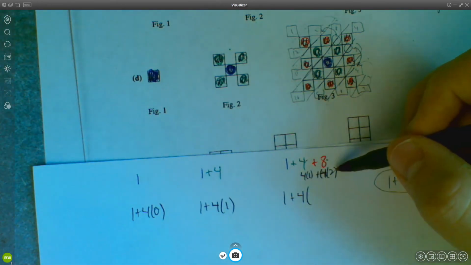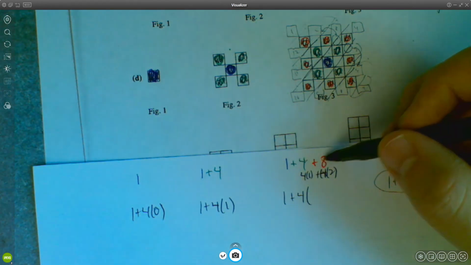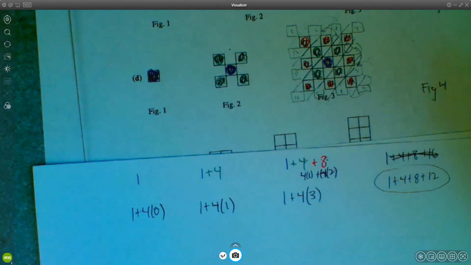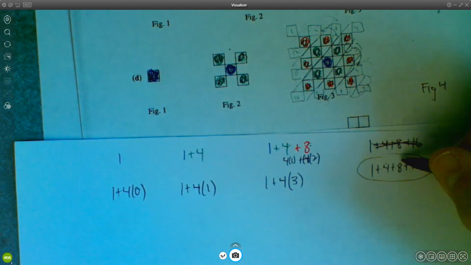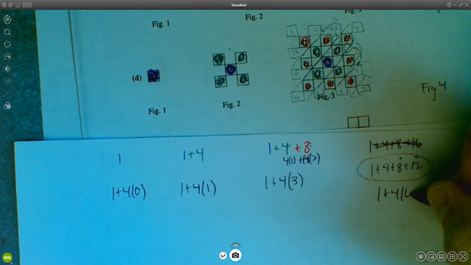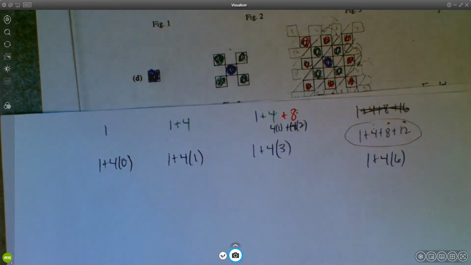So really you could think of it like 4 plus 4 plus 4, which is just 4 times 3. And here we would have 4 plus 4 plus 4 plus 4 plus 4 plus 4. That's going to be 1, 2, 3, 4, 5, 6 4s. So this is 1 plus 4 times 6 when we get to figure 4.